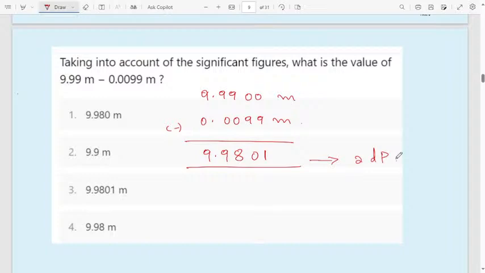Okay, listen here. Convert this into 2 decimal places, then it will become 9.98. The 0 and 1 here are very negligible. This digit is less than 5, and also the number before it is even. In the even case we write the same number. You can apply that rule also. Then the correct answer will be 9.98 meter.